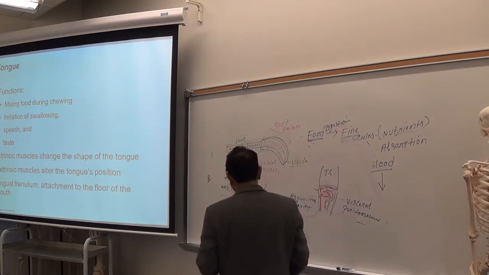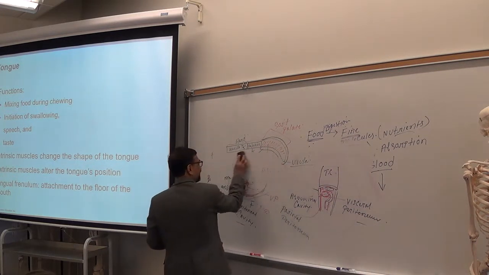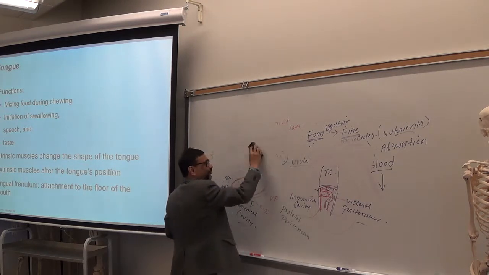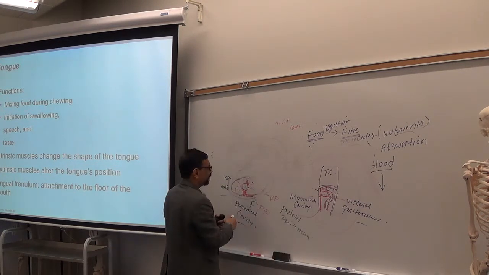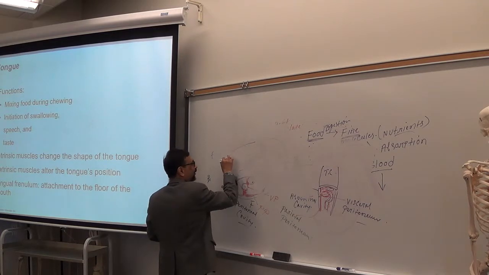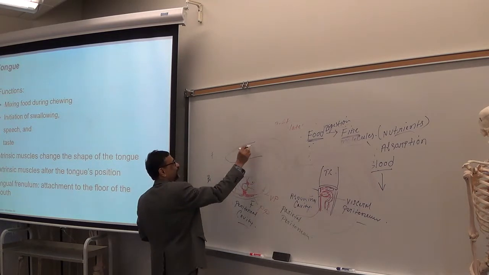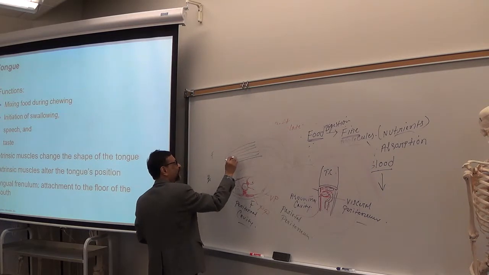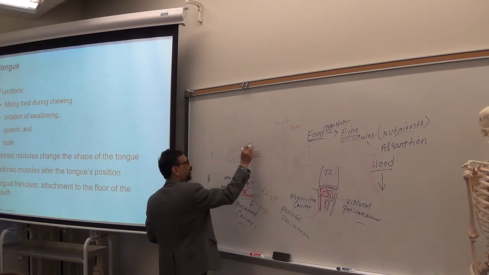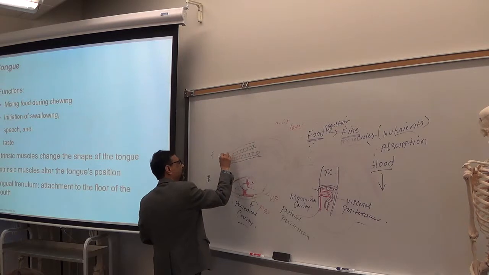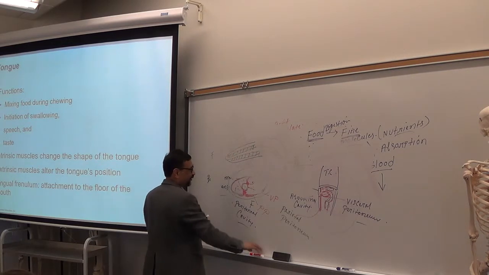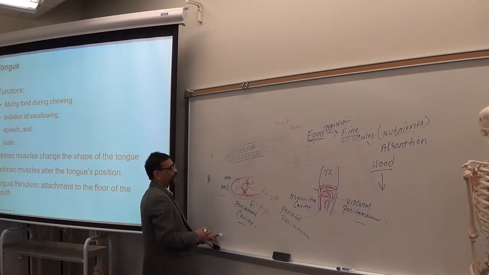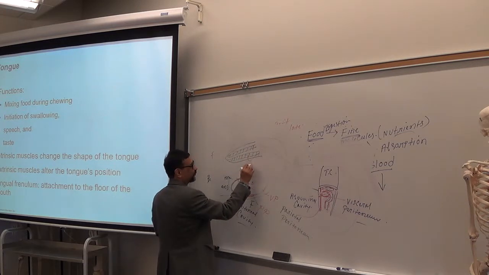Now, two types of muscles are in the tongue. This is the tongue. Inside the tongue, those muscles are called intrinsic muscles, because they are inside.